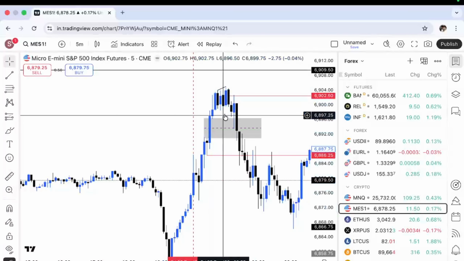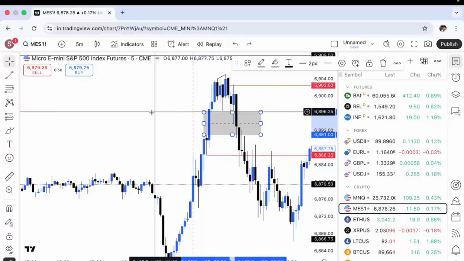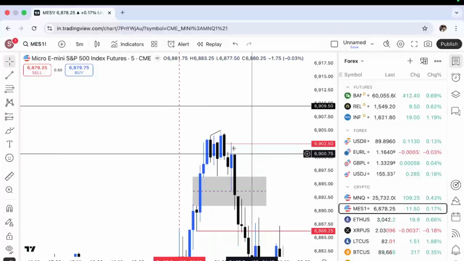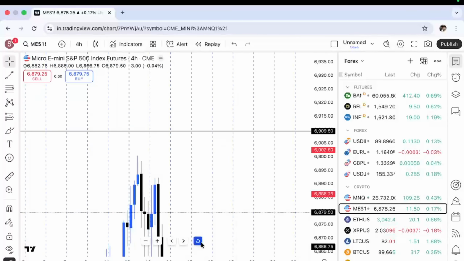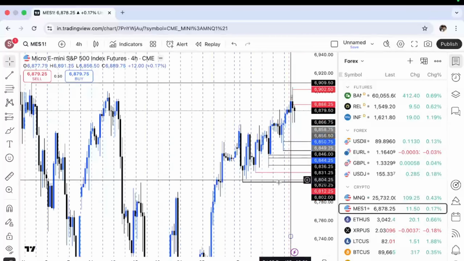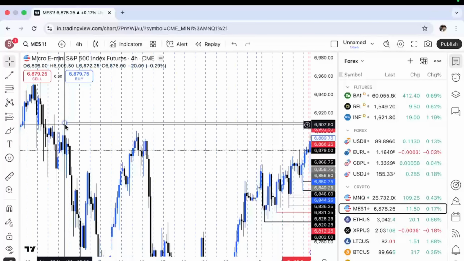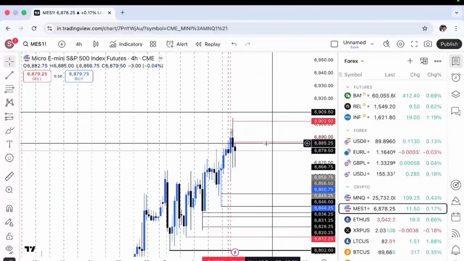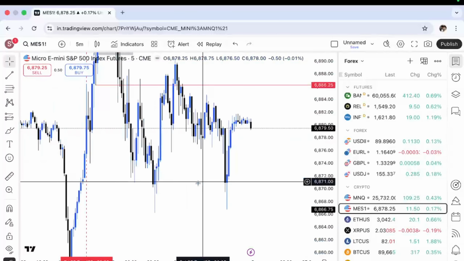But nevertheless, the market just took out these highs and we were in a consolidation. Liquidity is very important in trading, and you need to think about where liquidity is pending. We took out these highs, and the only possible liquidity is this one to the upside. But I saw how the market was moving here.